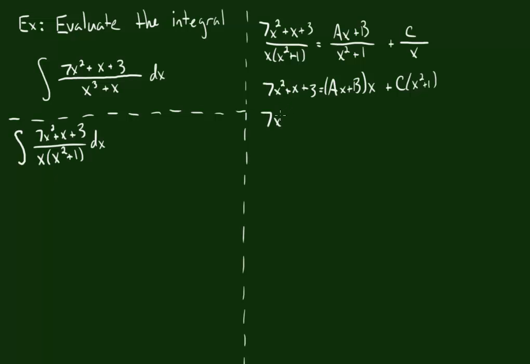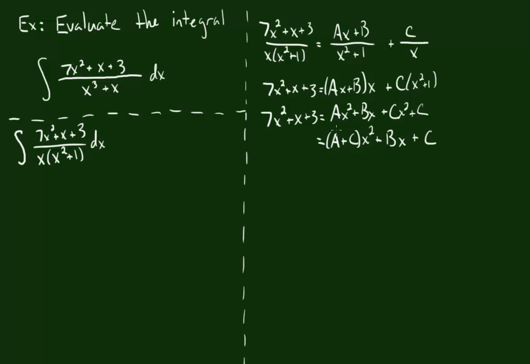We'll just continue. So this becomes ax squared plus bx plus cx squared plus c. And we're just going to group all of the x squareds, all of the x's, and all of the 1's. So this is a plus c x squared plus bx plus c.